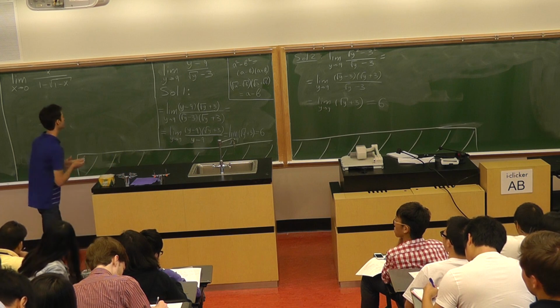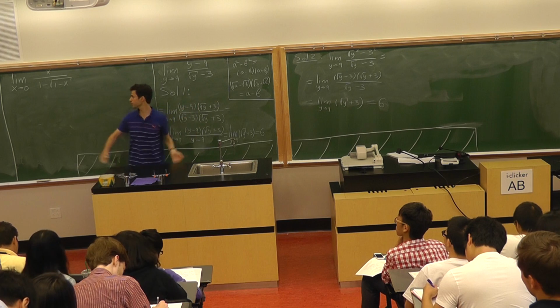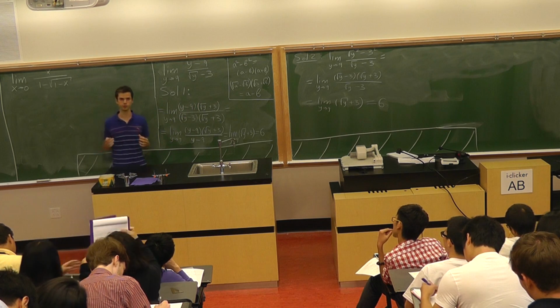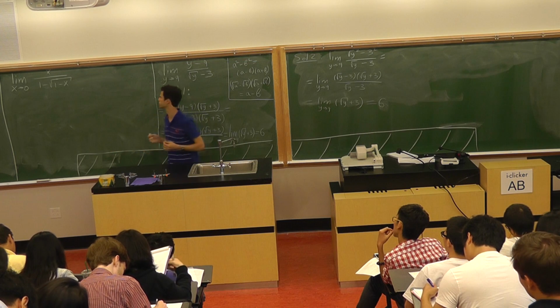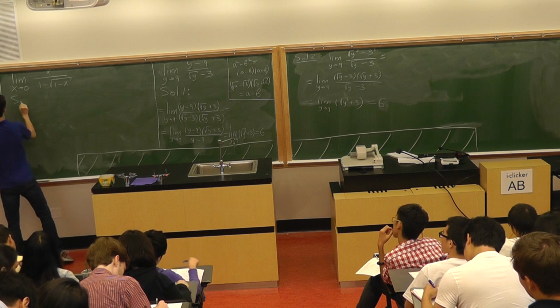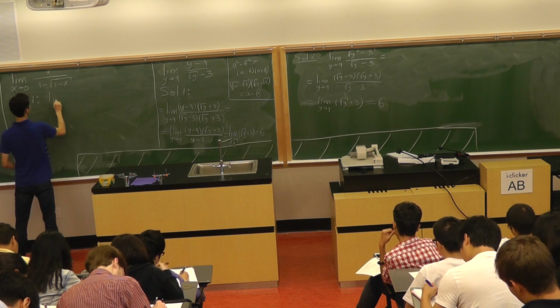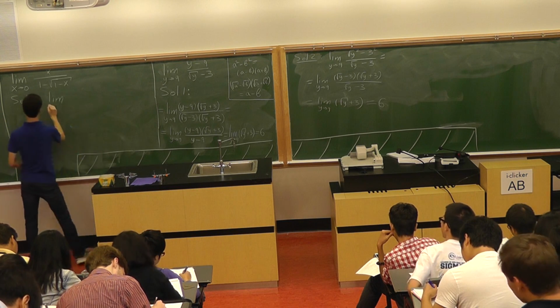Yes, the same idea as we did here. We have an expression with a square root. It might be helpful to multiply and divide both numerator and denominator by the conjugate expression. So the first solution is about this algebraic trick.